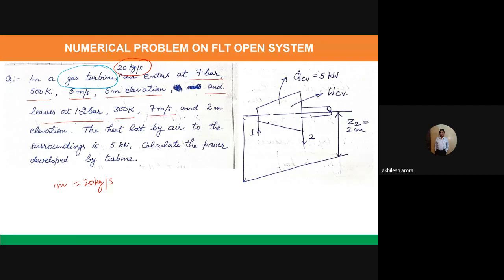So we are given all sorts of data in this case. The heat lost by the air to the surroundings is 5 kilowatts. So we have been given that Q dot CV is equal to minus 5 kilowatt.